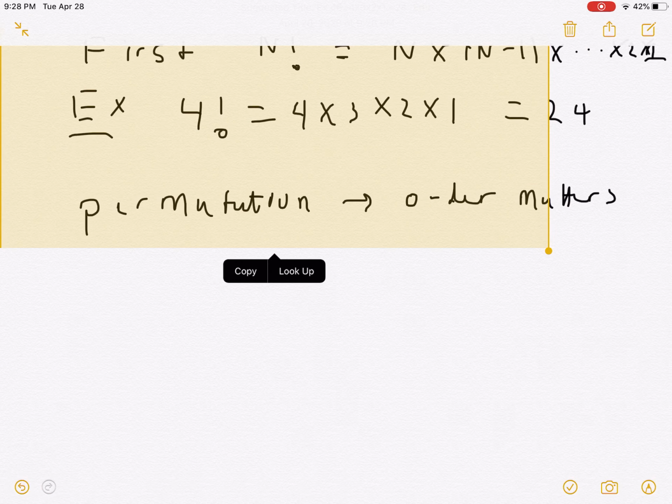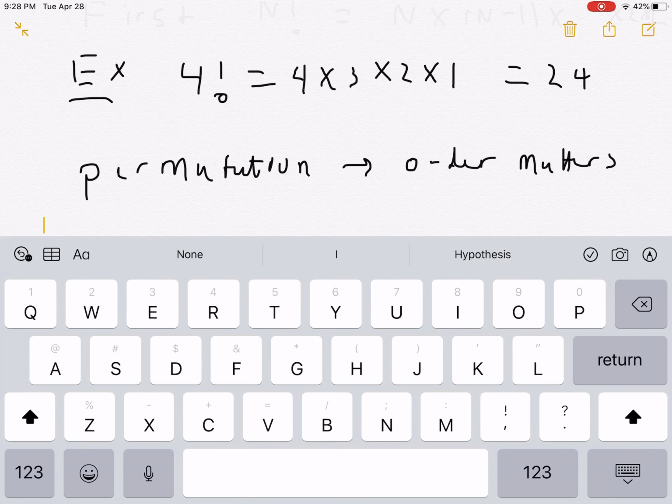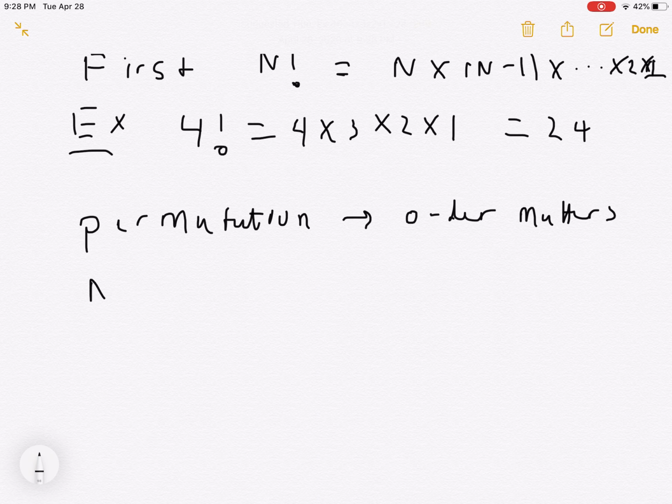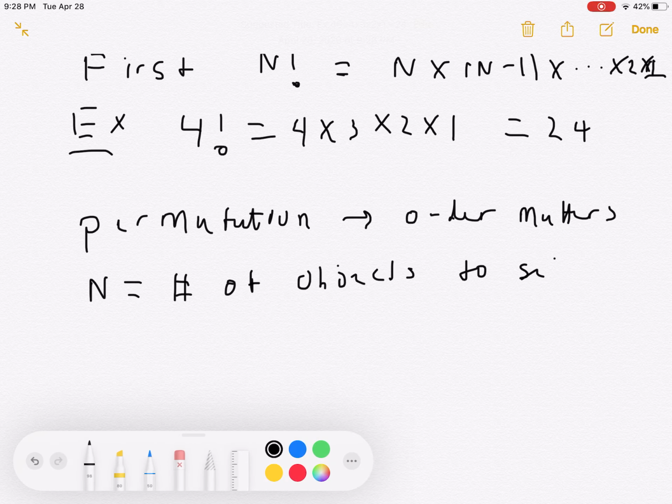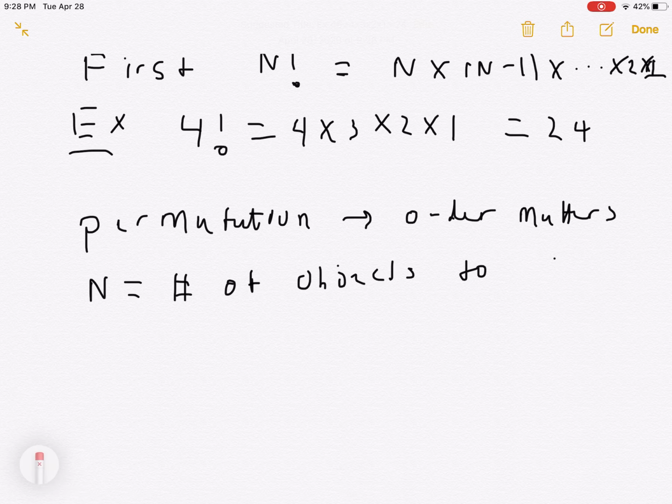N here is going to be the number of possible objects that can be selected.